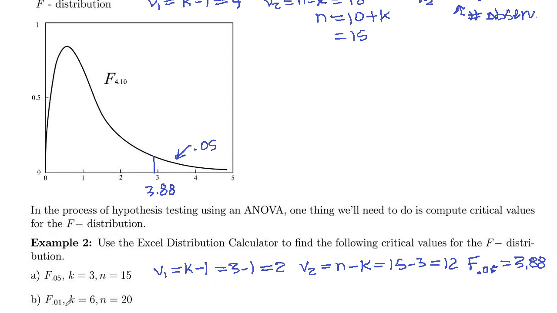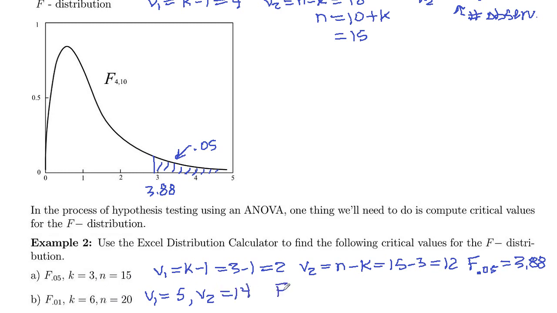Let's try another one, F 0.01. Now this area will be 0.01 instead of 0.05. We want to find the F value here that goes with 0.01, with k is 6 and n is 20. So our degrees of freedom here, V1 is k minus 1, so 5. And then V2 is n minus k, 20 minus 6, 14.